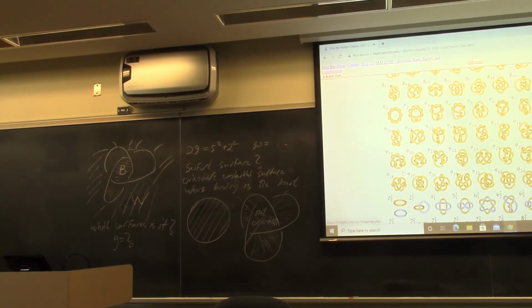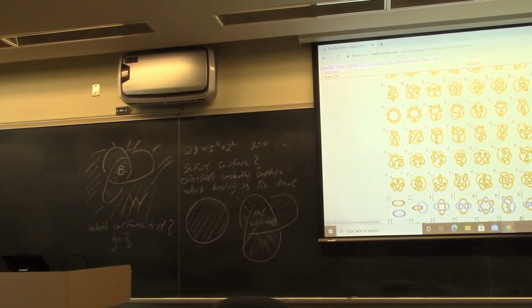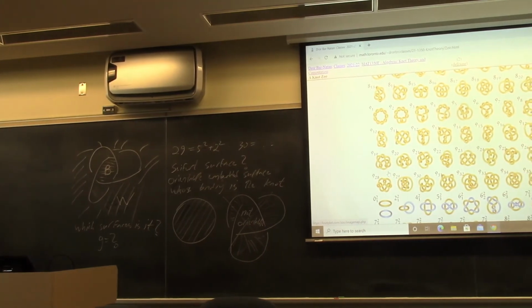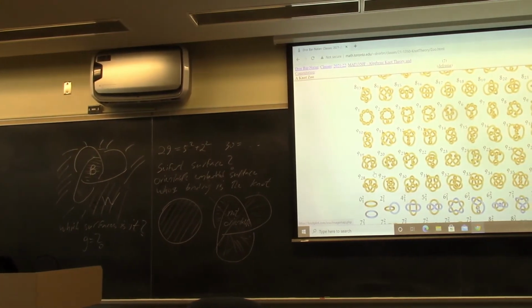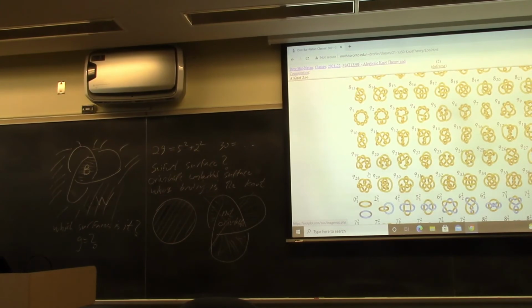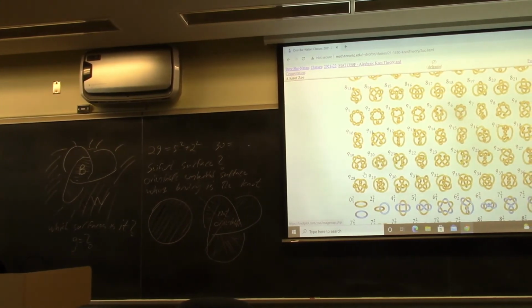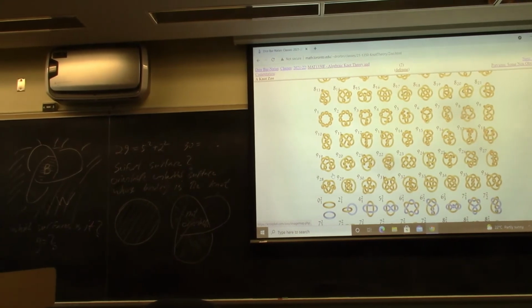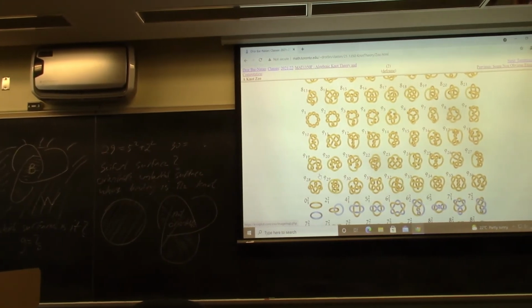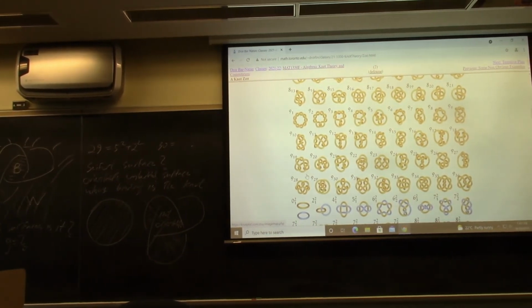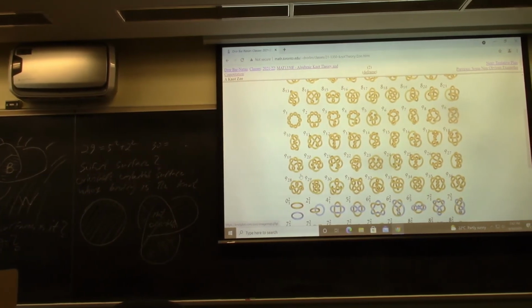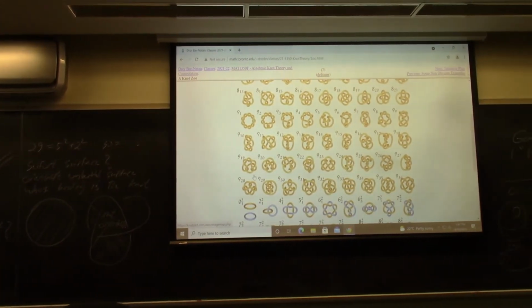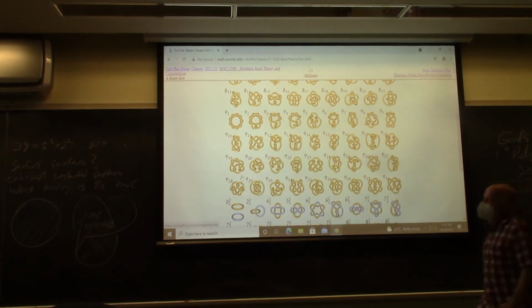So you're not only interested in separating knots, you also want to know how they interact with surfaces. And again, this has applications in 3-dimensional topology in general. So you may want to know whether a knot is the boundary of a genus 2 surface or not. Okay?